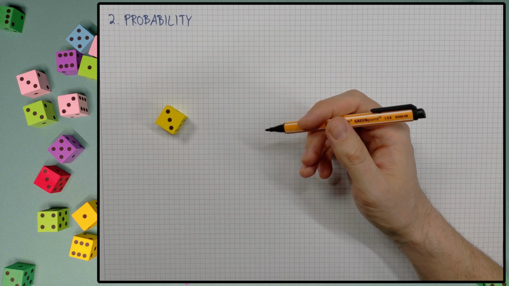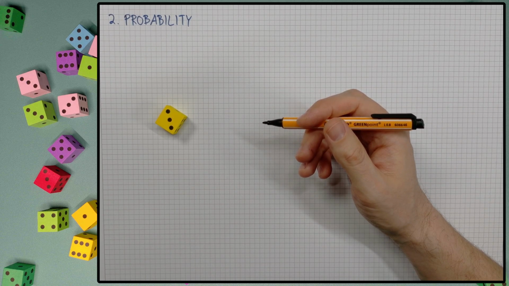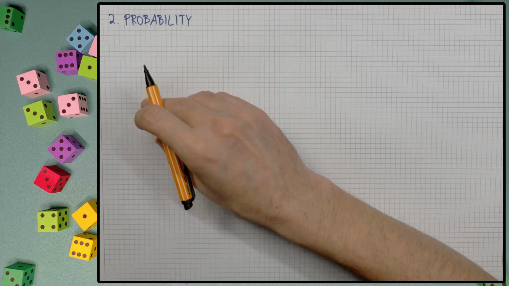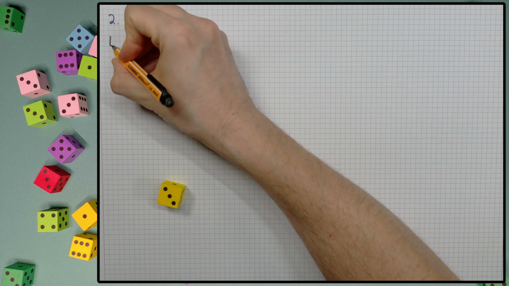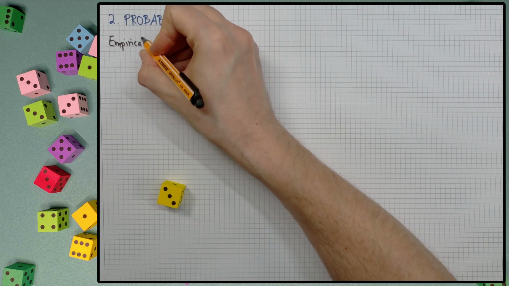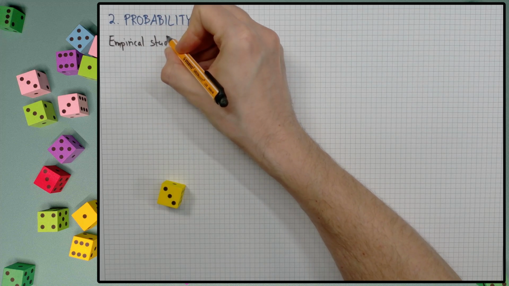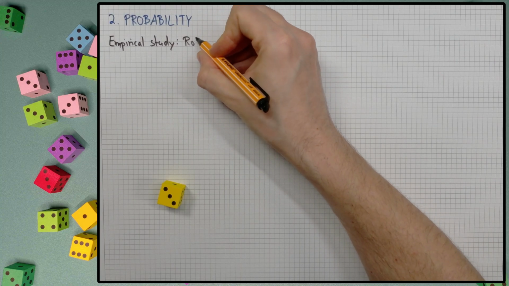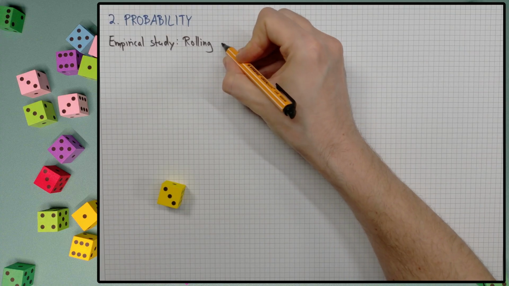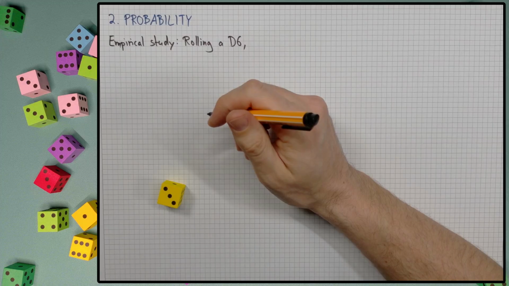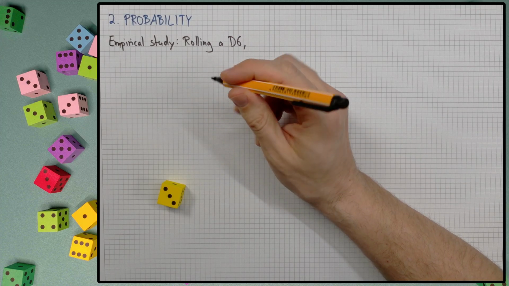Due to time constraints, we will only be able to arrive at an approximation, but the concept will become clear. So we are going to use our trusted D6.